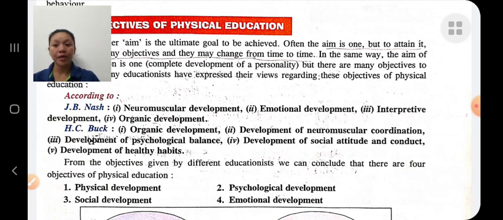If an individual participates in physical activity, it helps in better neuromuscular development, and good neuromuscular development helps to keep away fatigue and tiredness during various physical activities and improves activeness.